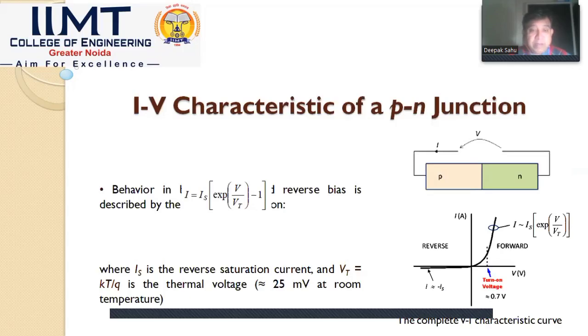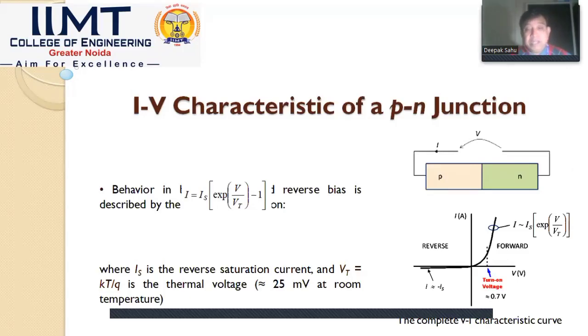For example, in an approximate way, when V is positive, since Vt at room temperature is always constant, if V is positive and 0.6 to 0.7 volt, then the exponential value will be much larger than 1 and the 1 could be ignored.